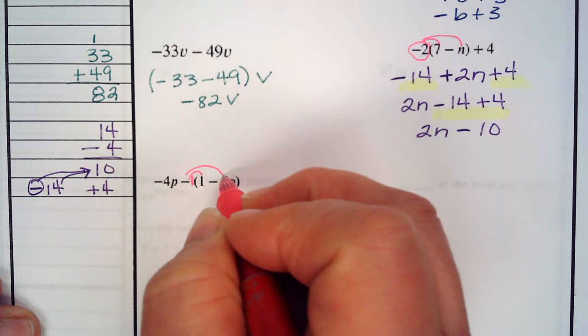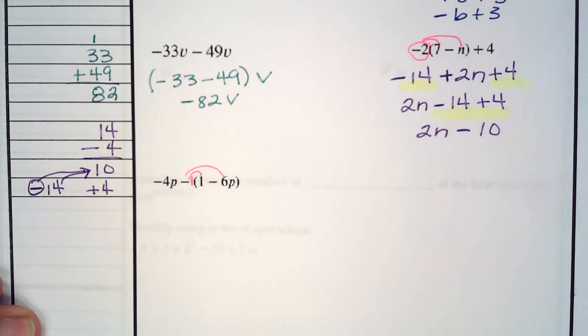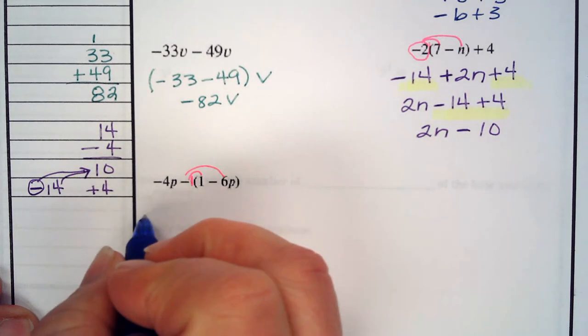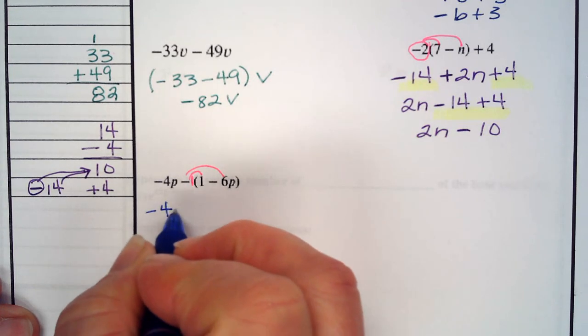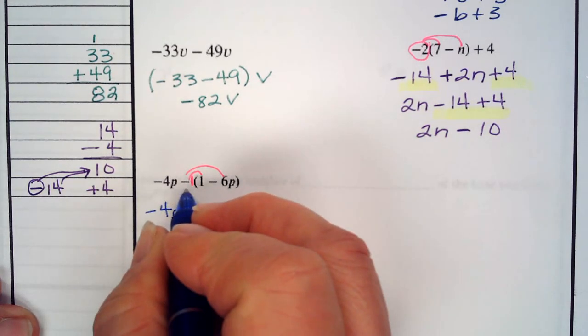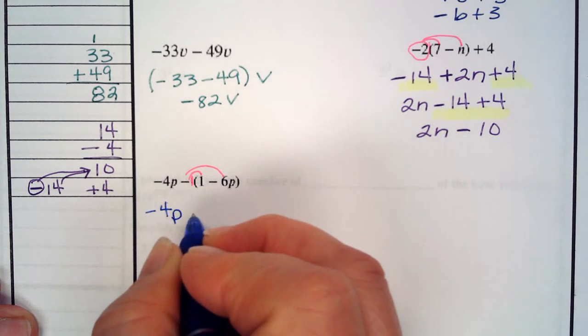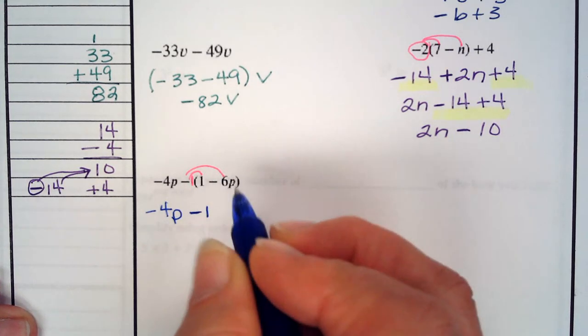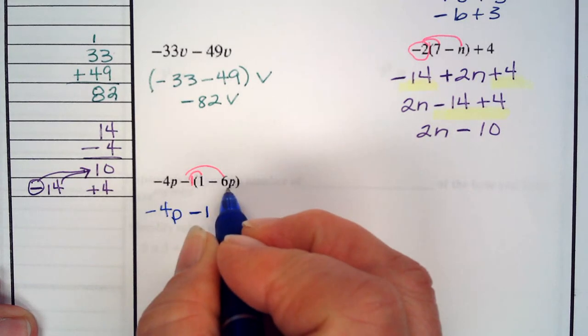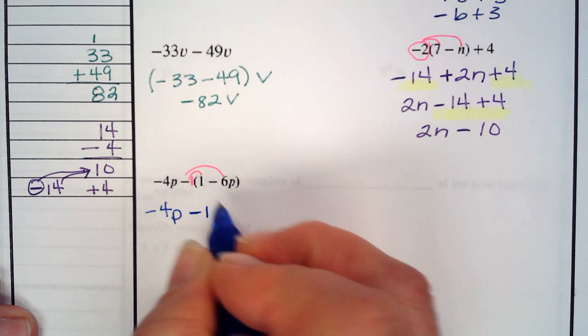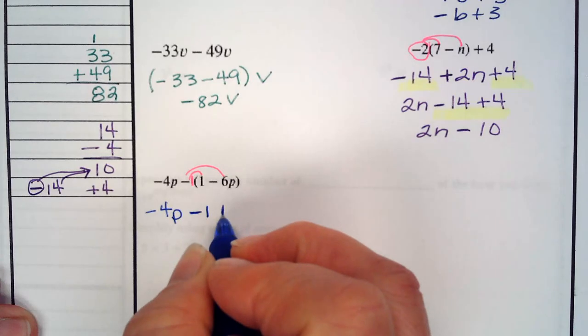I can't combine inside, so once again, I've got to distribute. Okay, negative 4p, nothing to do with it. Negative 1 times positive 1. Negative 1 times positive 1 is negative 1. Negative 1 times negative 6p. Negative times negative is a positive.